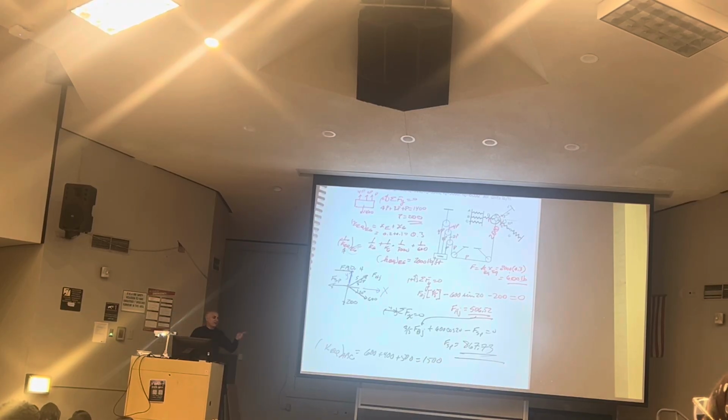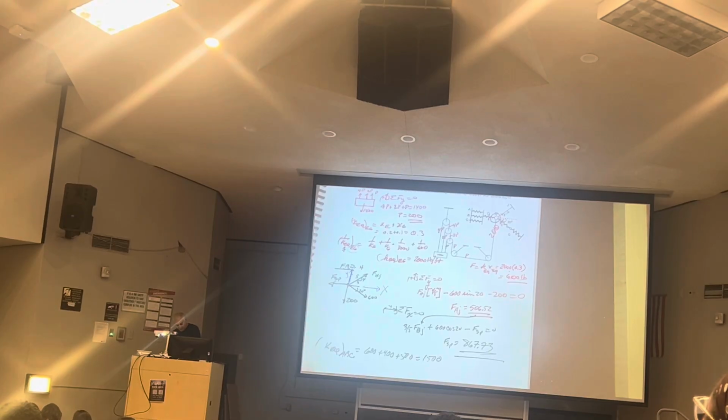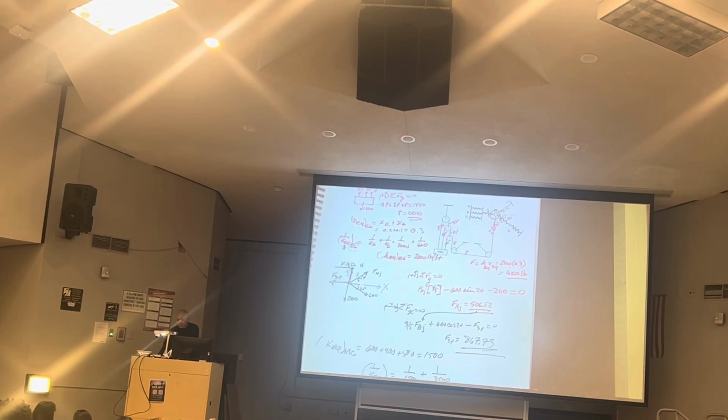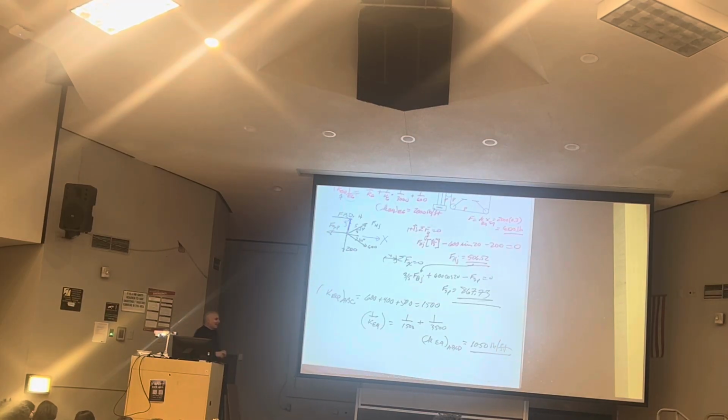Now that 1,500 is in series with the spring D, in which case I say 1/K equivalent is equal to 1/1,500 plus 1/3,500. Therefore, K equivalent of A, B, C, D is 1050 pounds per foot. That's what part A was asking for.